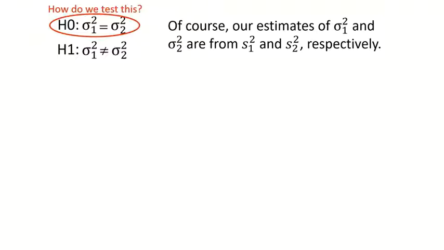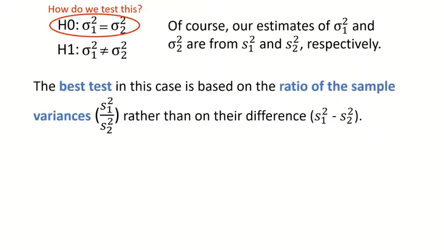But there's a problem with differences, because differences can be positive or negative, and you cannot just assume absolute values of these differences all the time. So, we are going to resort instead to a test of their ratio, the ratio between the sample variances, not the differences.